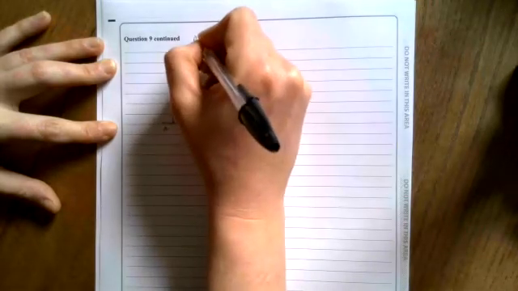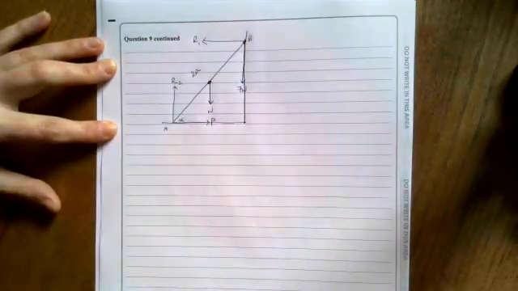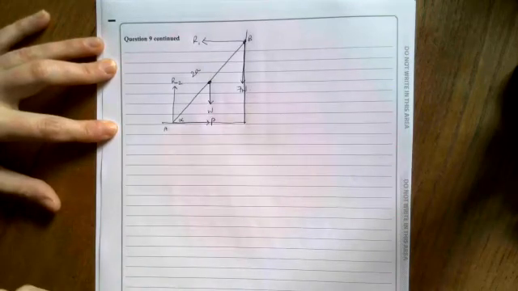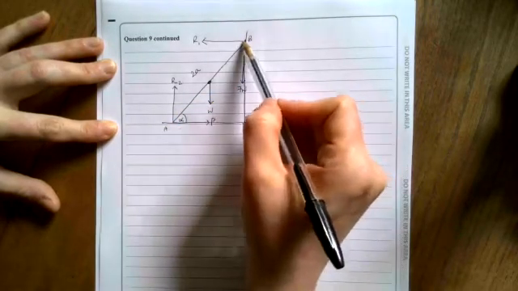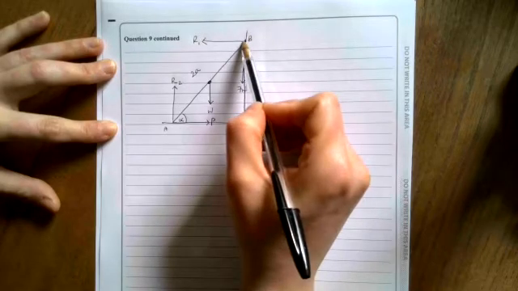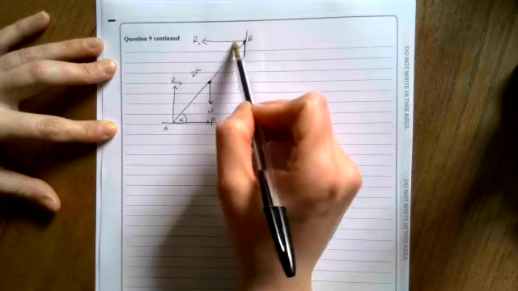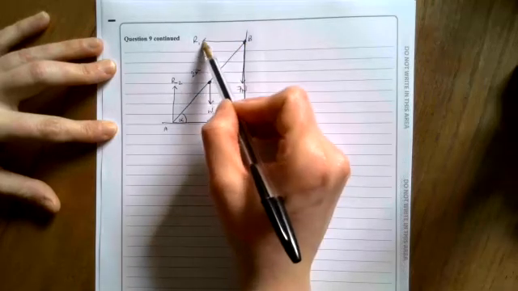So I'm going to call those R1 and R2. Now, it said in the question that we're trying to show the reaction force at B has magnitude 3W.